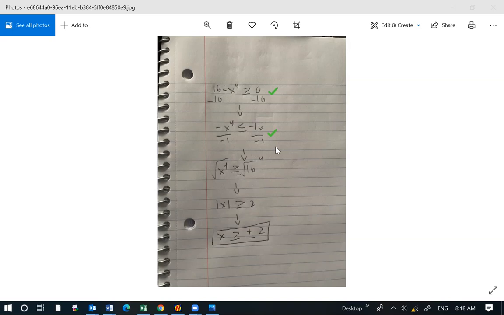And after that division, wait. Let me double check. Negative x squared, so greater than negative 16. No, he did make that mistake. You made that mistake here.